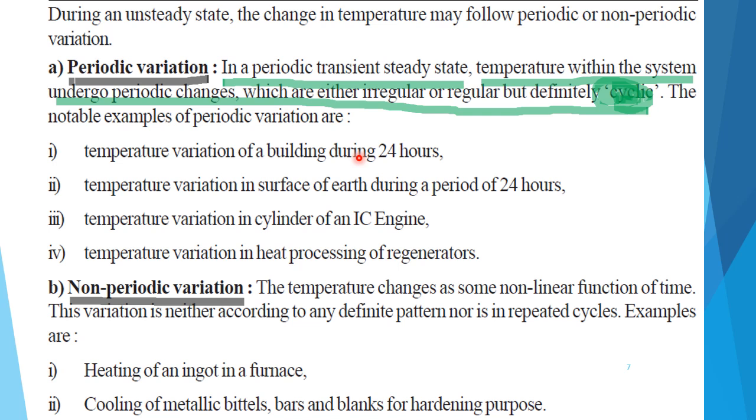That is a cyclic variation, and we can also measure it. Second, the temperature variation on the surface of the earth during 24 hours. With the rise of the day, slowly the earth temperature rises. In the night the temperature drops, and that is cyclic.